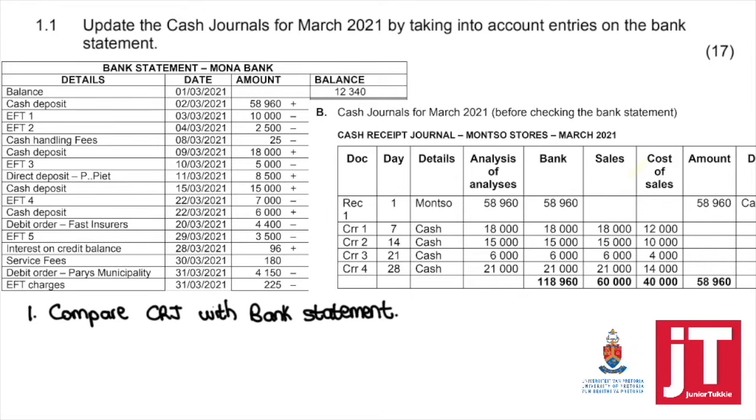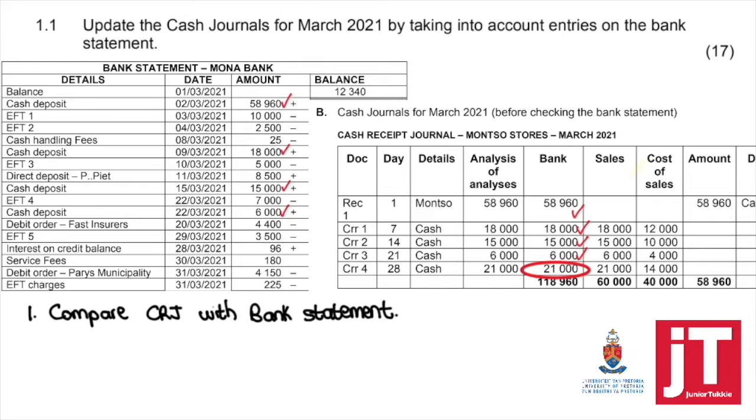So we need to look at our cash receipts journal, the bank balances, and compare it to all the pluses on the bank statement. We are going to tick where it appears in both the bank statement and the cash receipts journal. We're just going to tick it off.